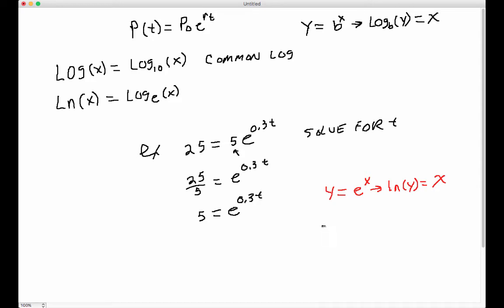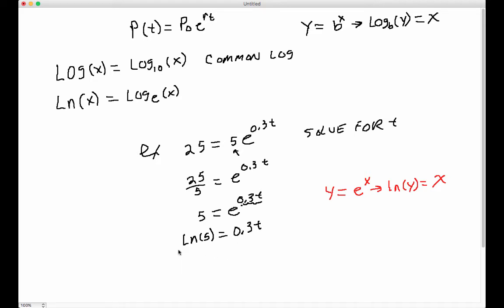In other words, we know that that's the base e. So if I come back over here, let's switch back into black, and I say ln of 5, that's going to be equal to whatever my exponent was on my e. So ln of 5 is equal to 0.3t.